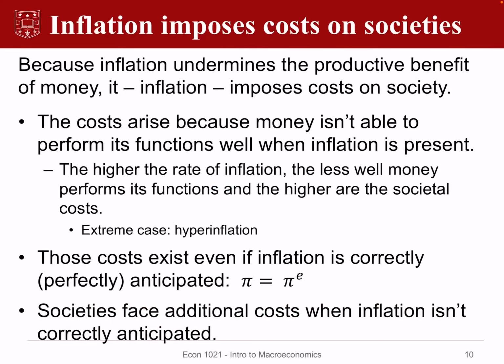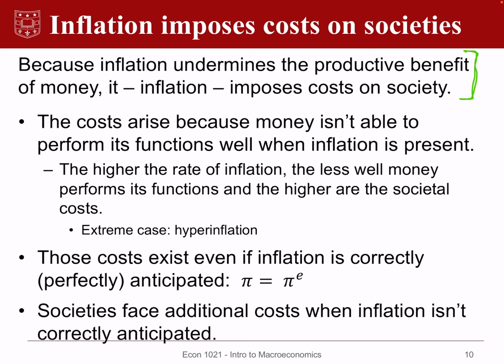So what I'd like to do is begin to think about how inflation imposes costs on society. In other words, the flip side of this would be, why do we care about inflation as a problem or something that we want to potentially address with macroeconomic stabilization policies, particularly monetary policy, as we'll talk about later this semester. The idea is that inflation imposes costs on societies, because inflation undermines the productive benefit of money.